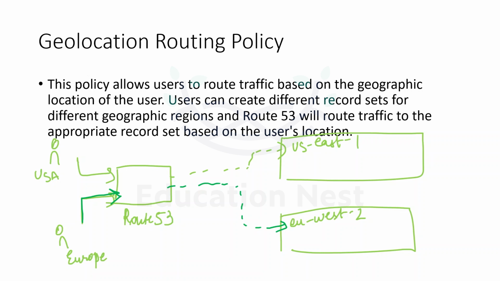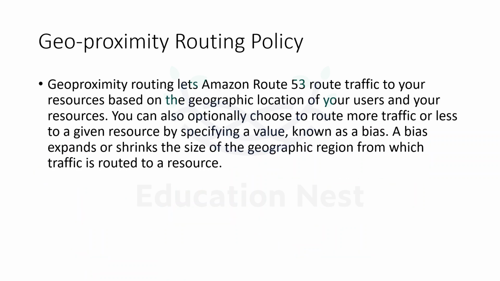Then the next type of policy that we have is geo proximity. So as the name is suggesting, geo proximity routing lets Route 53 route your traffic based on the geographical location of your users and resources.